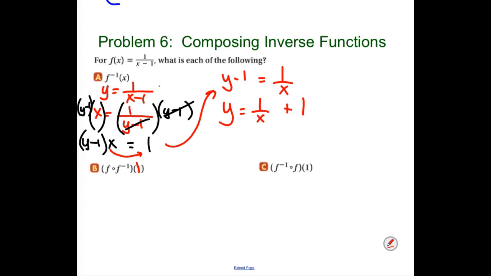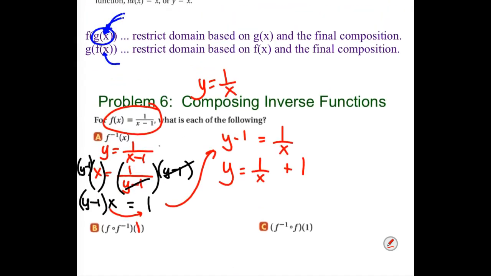Do you guys remember from exponential algebra what this equation would have looked like, what the graph would have looked like? If you don't remember, somebody at each table, just go in and graph y equals 1 over x. Y equals 1 over x.